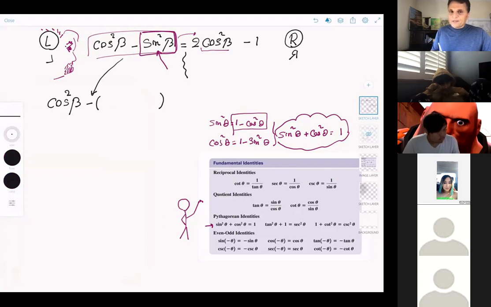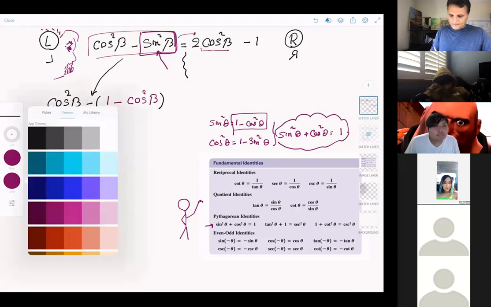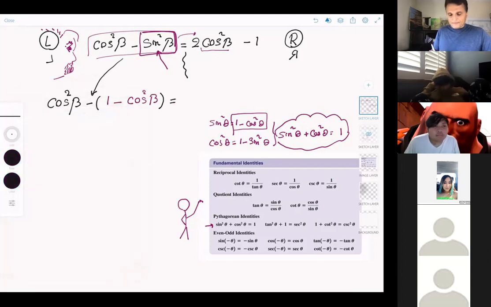So instead of sine squared, I'm going to put 1 minus cosine squared beta. Then we have equal sign. We have cosine squared beta minus 1 minus minus is plus cosine squared beta.